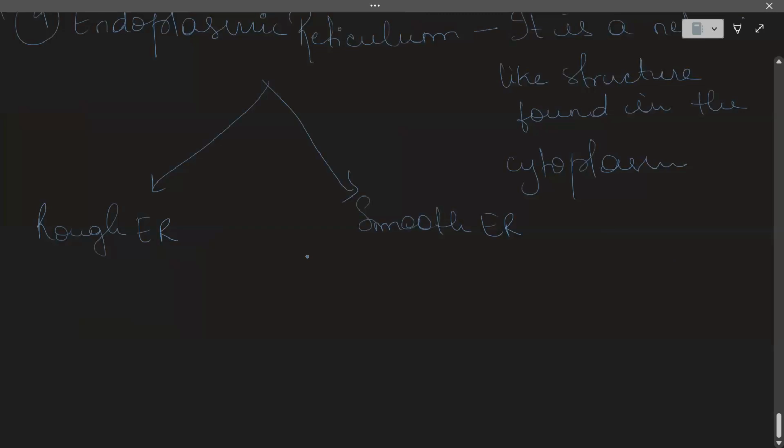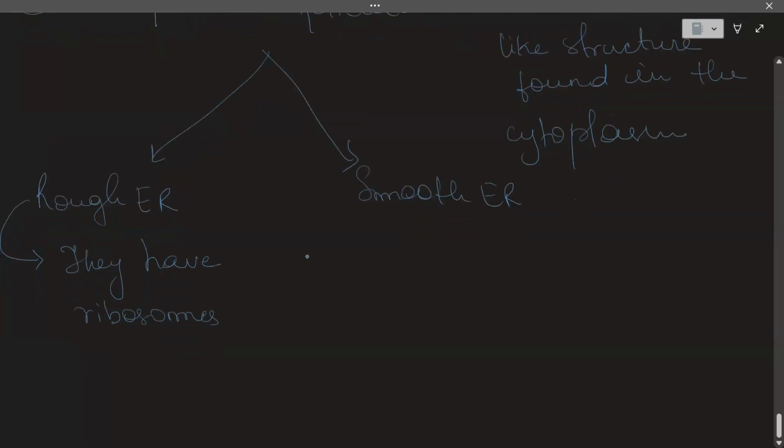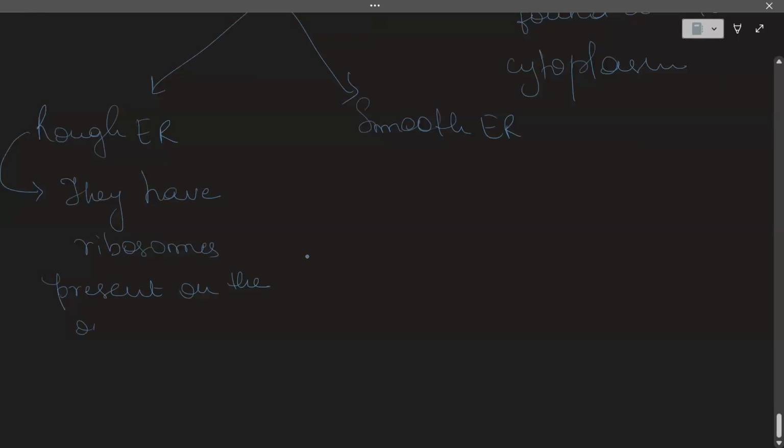Now talking about the rough endoplasmic reticulum, they are known as rough because they have ribosomes present on the outer surface.